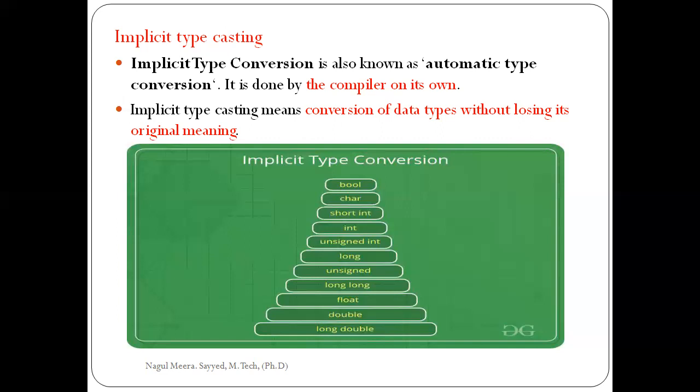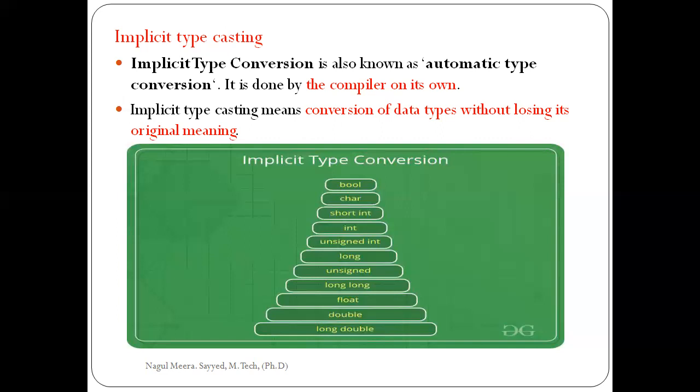In this conversion, we convert one data type into another without losing its original meaning. That is the meaning of implicit. So what does it mean?